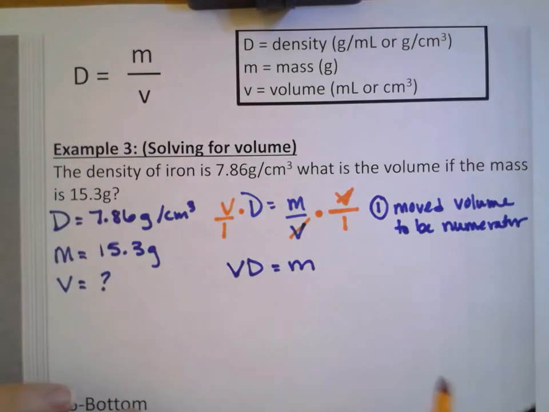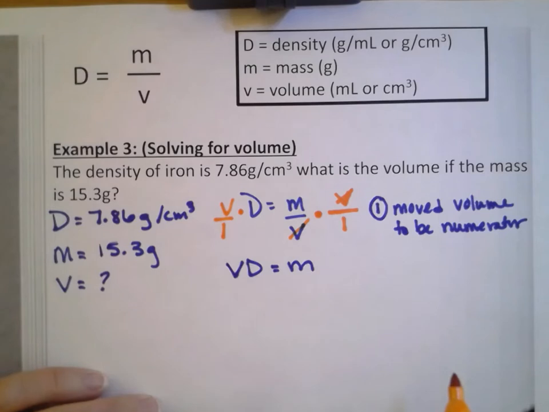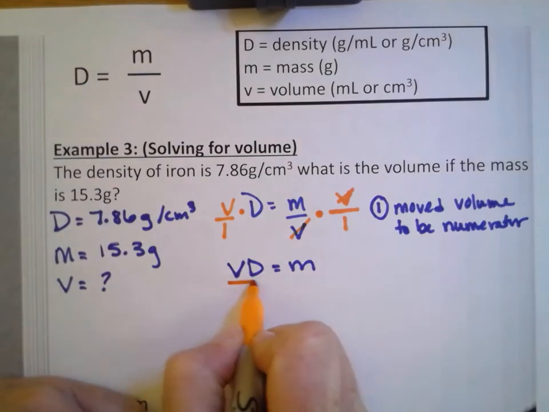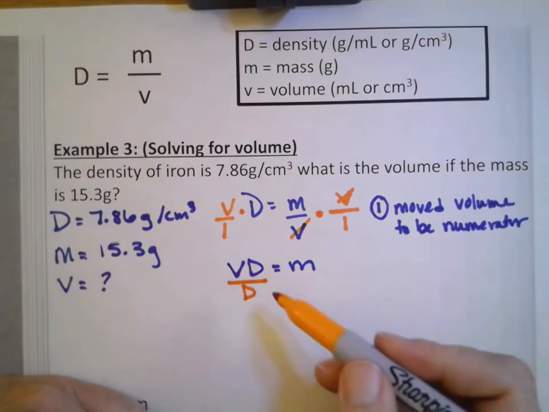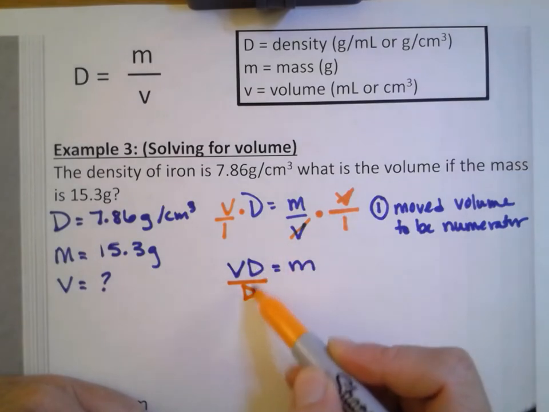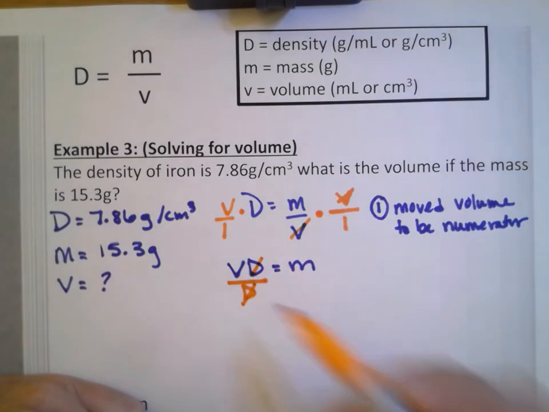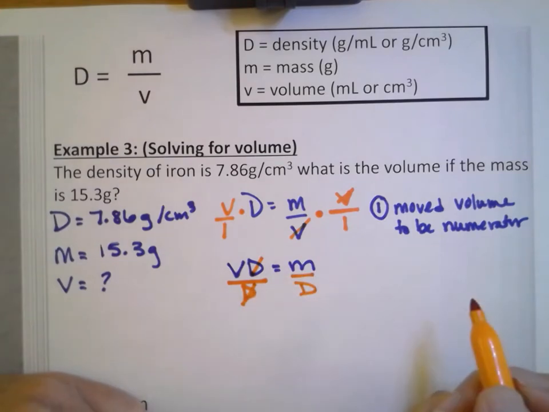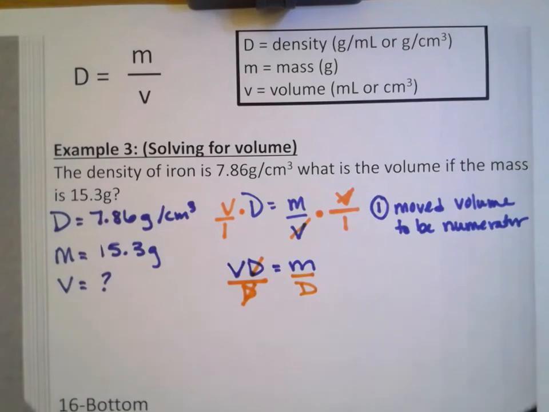I'm going to take my orange marker and do some algebra to rearrange this to get v alone. I'm going to divide this side by d because the same principle applies: when one variable is a numerator and the other is a denominator, they equal 1, so I can cancel them out. If I do this division to one side, I have to do it to the other side. So I'm going to divide the mass also by density.